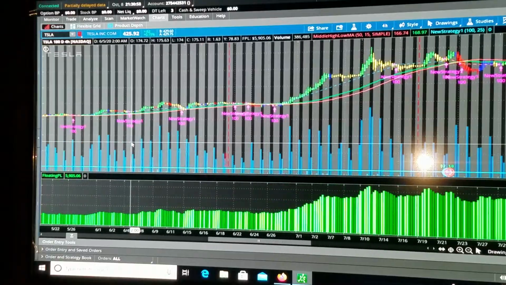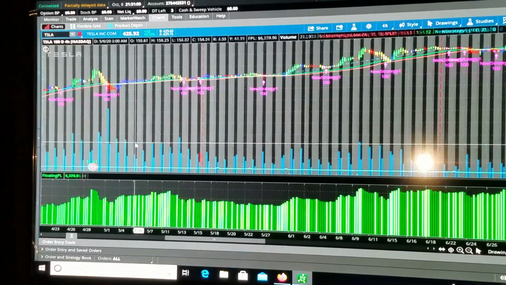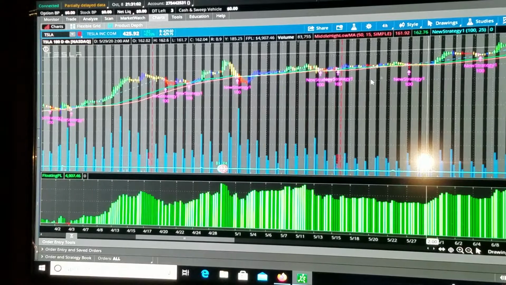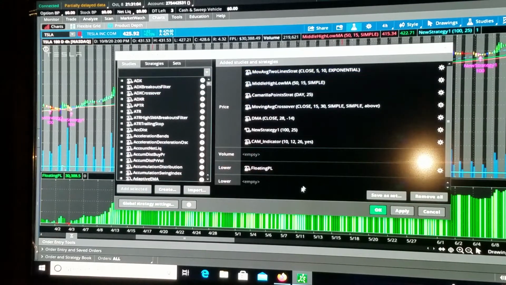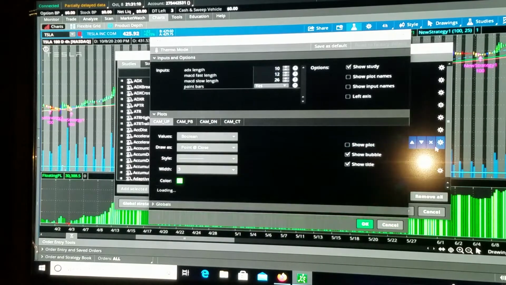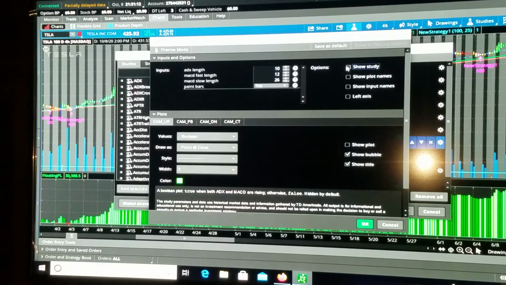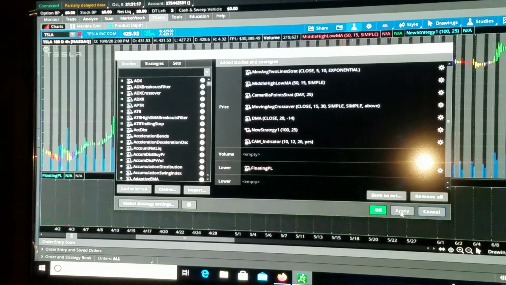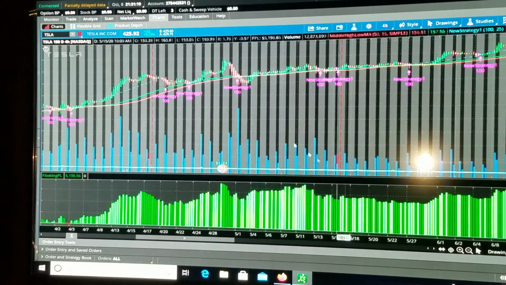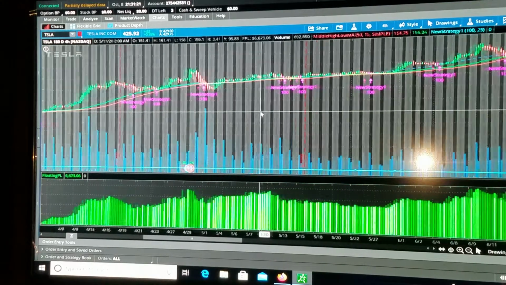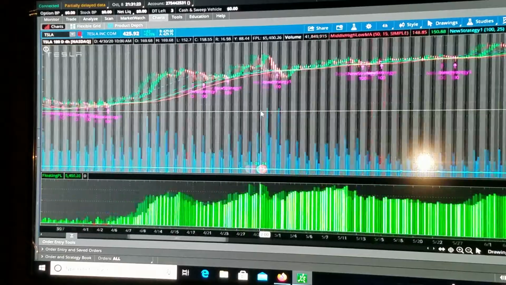I'm going to assume that's probably coming with part of our study's code that we've put in here. Now, if we come in here to our strategy, of course, this could be this cam indicator too. Let's turn that off and see if that makes the color go away. And apply. And see, it does. Okay, so that was that cam indicator.